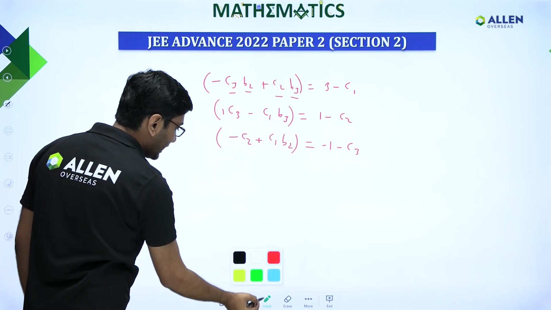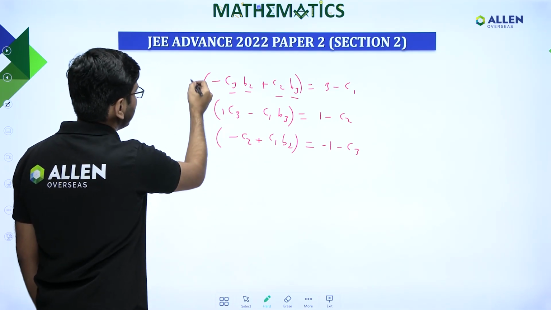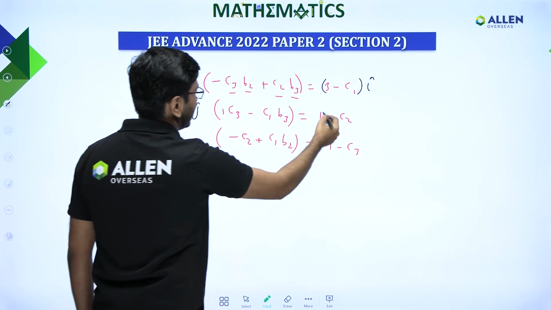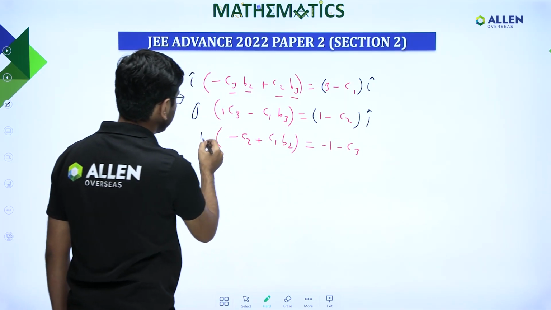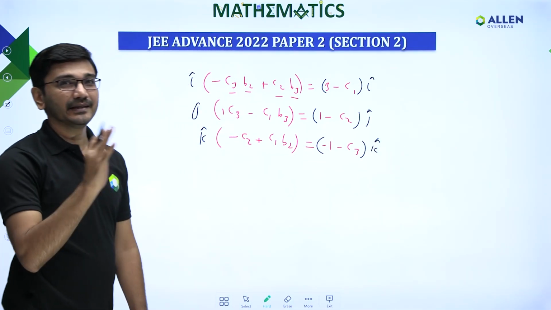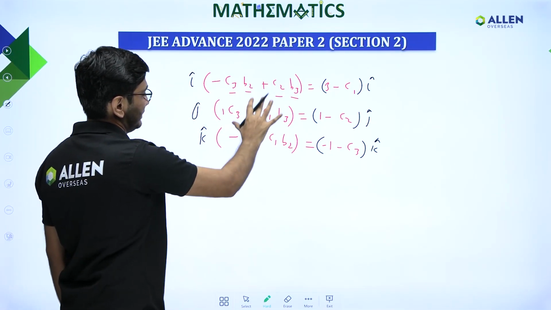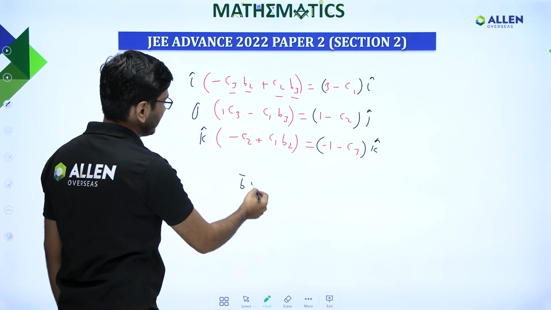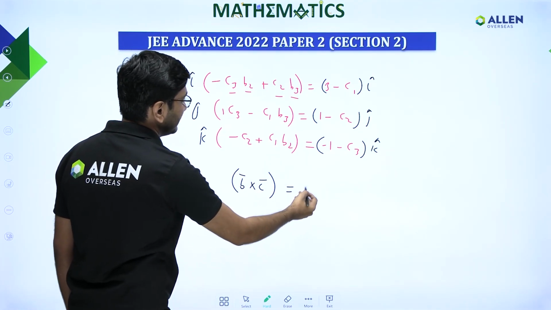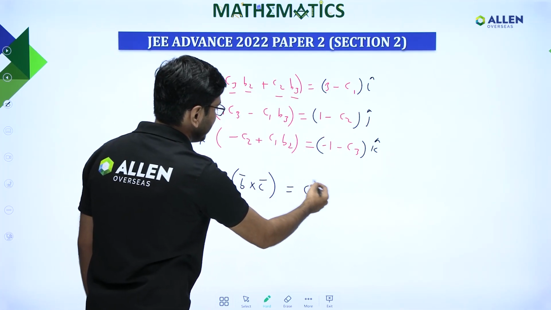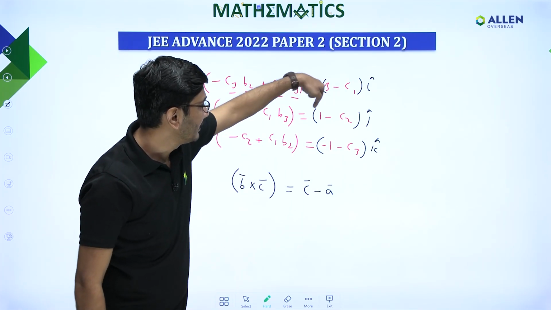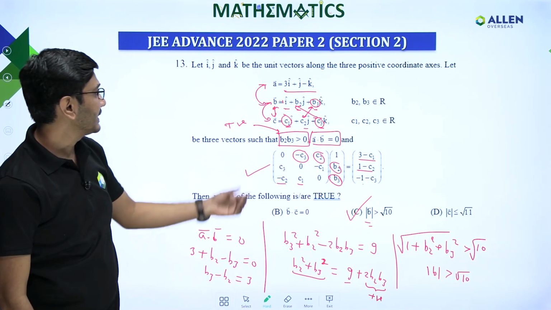So, if I multiply these 3 equations by i, j, k, here with i, on the right side also with i, and this with j, and this also with j, and this with k cap and this also with k cap, I can very easily prove that this is nothing but b bar cross c bar, and then this will turn out to be a bar minus c bar, because 3i 1j minus 1k is our a bar.